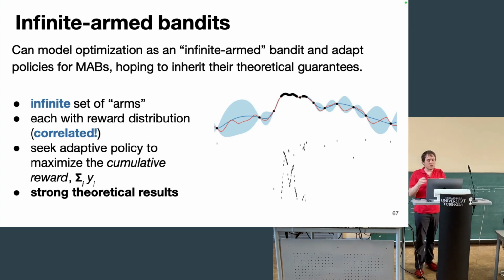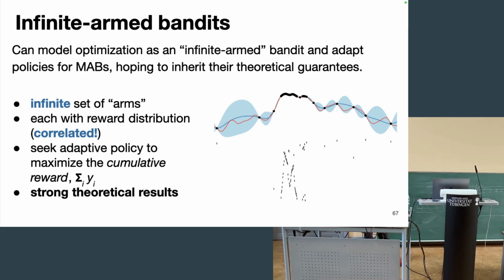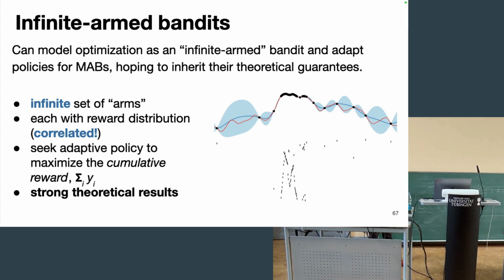If I make a measurement at a point, I'm going to learn about nearby arms. But I can still think about trying to find an adaptive policy to maximize the cumulative reward. And it turns out that in this case we have also developed efficient policies with strong theoretical results, basically by borrowing the policy from the multi-armed bandit case and adapting it to this infinite-arm correlated setting.